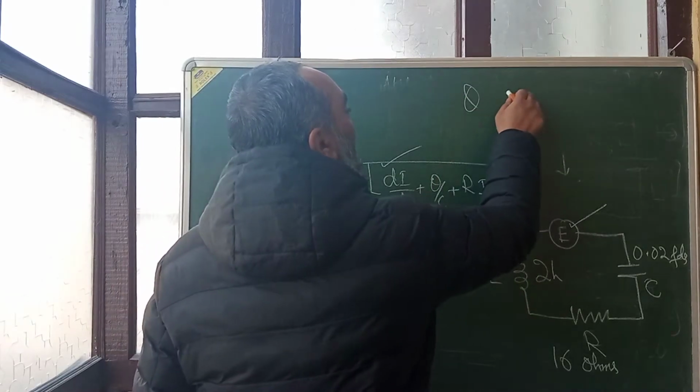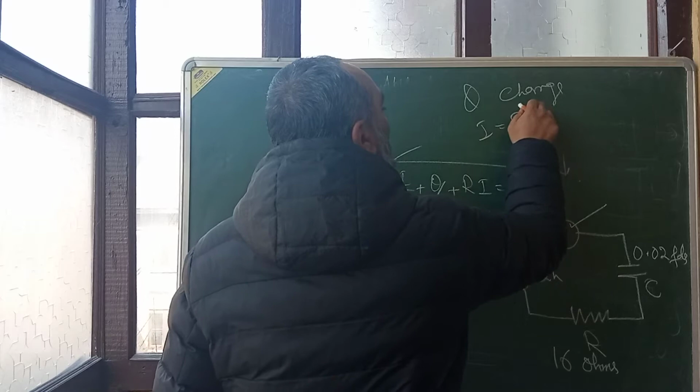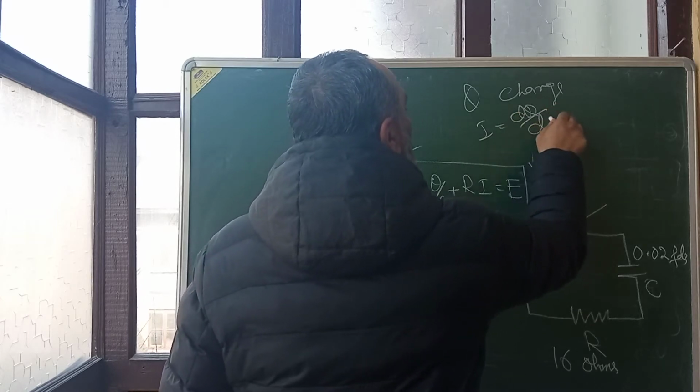Q is the charge and I is the current, meaning dQ by dt.